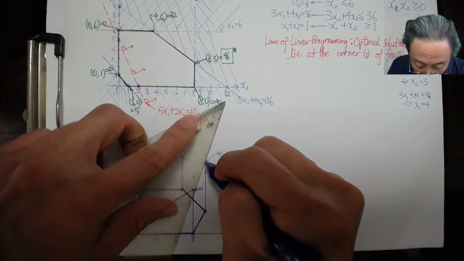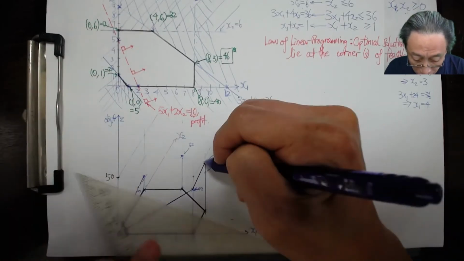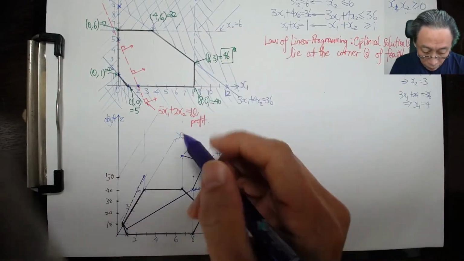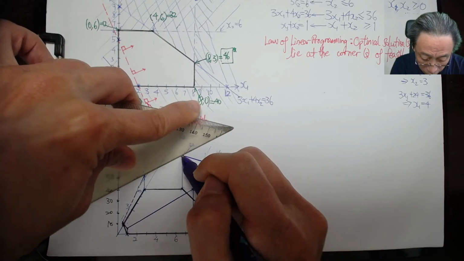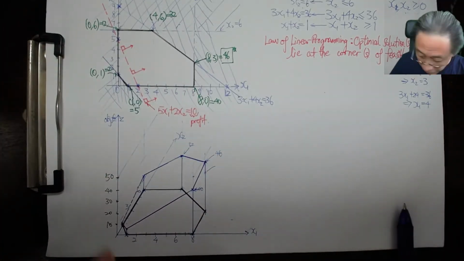And then 40 to 46 as we travel upwards. And then from here down to 32. And from here down to a height of how many? 12.